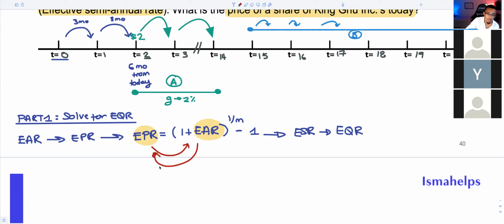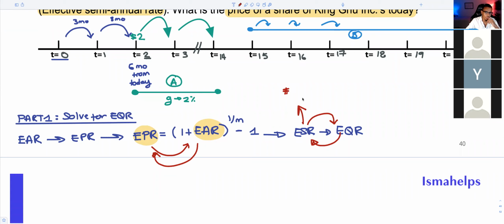It's essentially what we're doing. Now I'm going to add one more topic. If we have an effective semi-annual rate, how many times are we compounding per year?